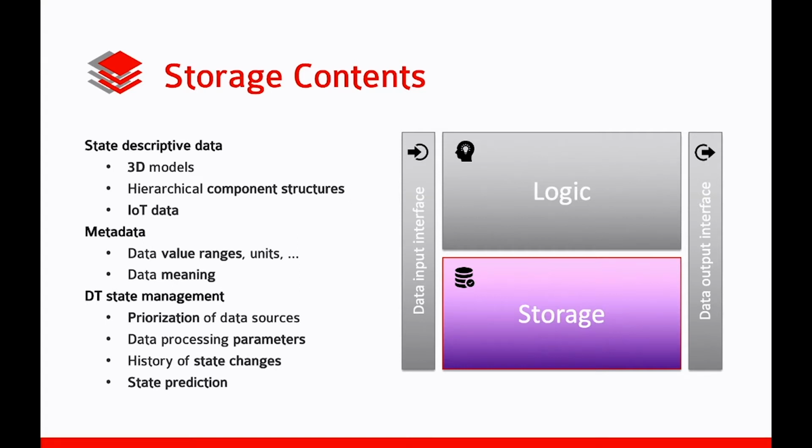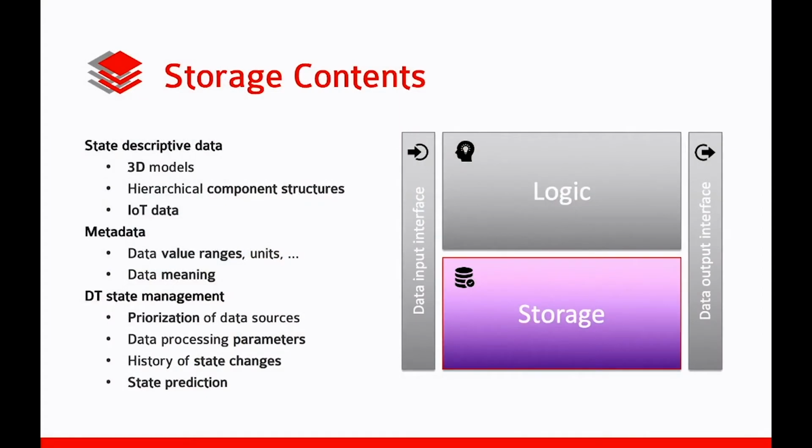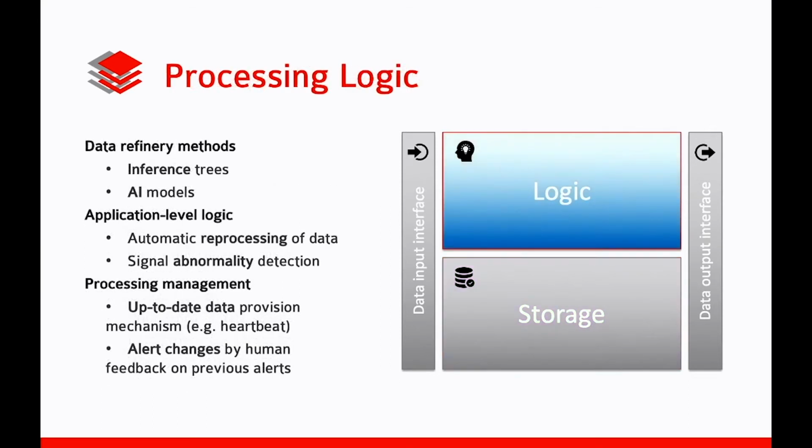Then we can have some management data in the storage space, like prioritization of data sources, if you're bringing data from multiple sources, so how you want to prioritize them, or parameters for the processing. And the state of the digital twin and its state changes should be stored in there as well. And then we can also predict the state changes from the historical viewpoint.